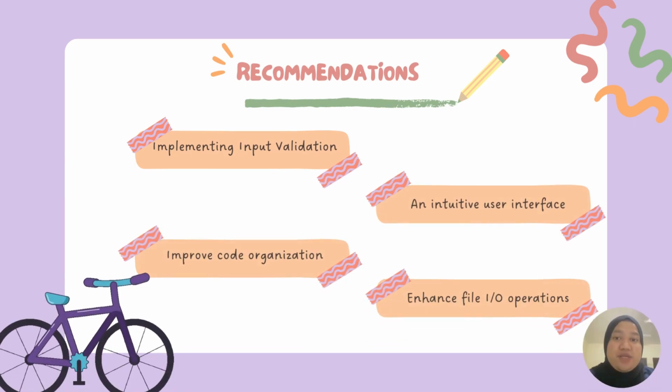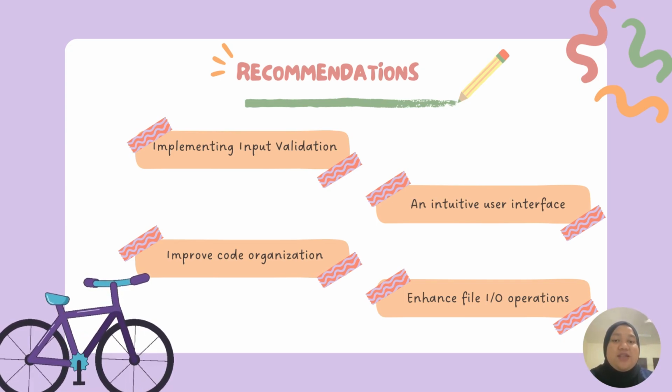Next is a recommendation to improve our Awesome Bike Rental system for a better future. So first, we can implement input validation, which can improve the program's resilience and user friendliness. Second, we can use an intuitive user interface, a structured approach to capturing customer information, which can reduce input errors, enhance user understanding, and contribute to an overall smoother experience.